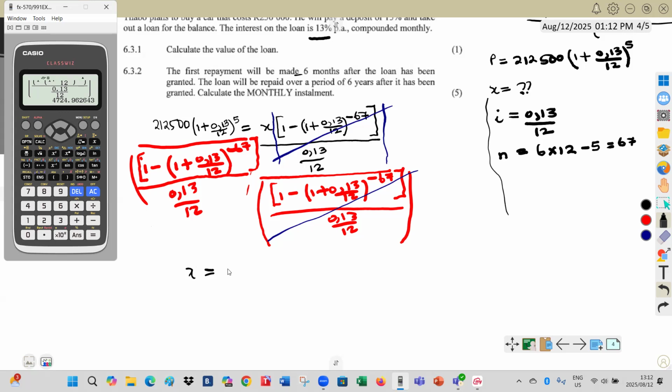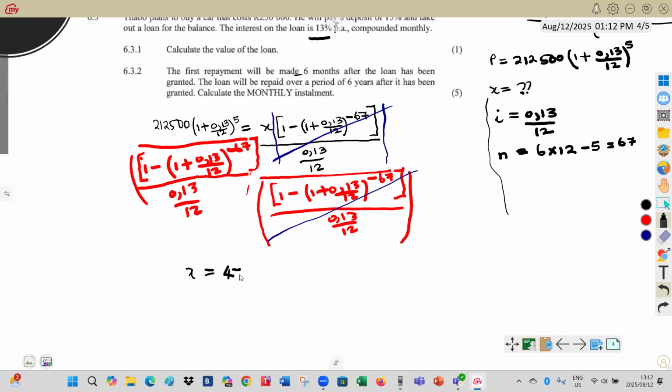So it means the answer is 4724.96. So it's money. So to answer the question, calculate the monthly installment.